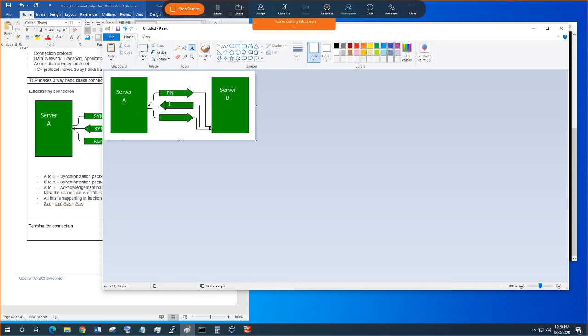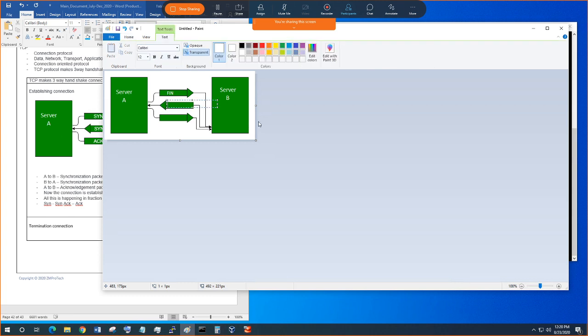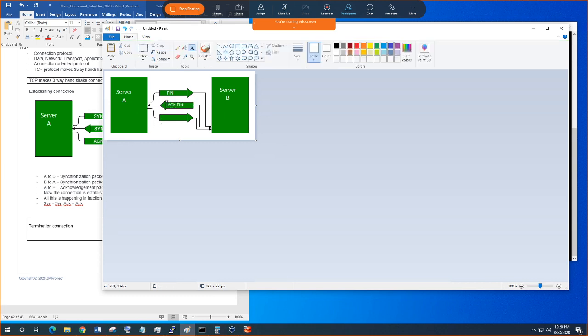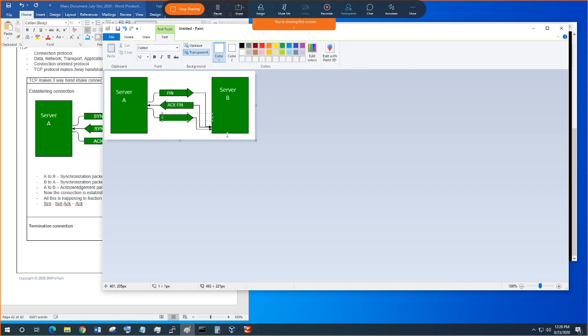Then server B will acknowledge it. It will say ACK. It says finish, I'm finished too, that means I'm done. And then ACK, ACK. A stands for acknowledgement.